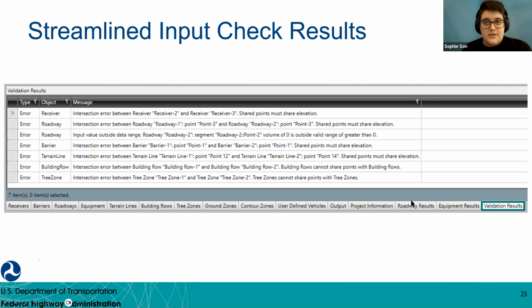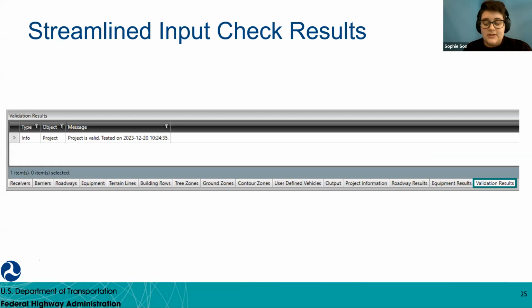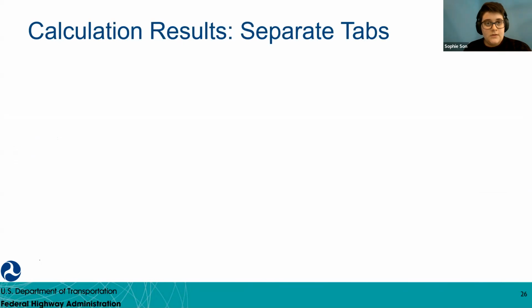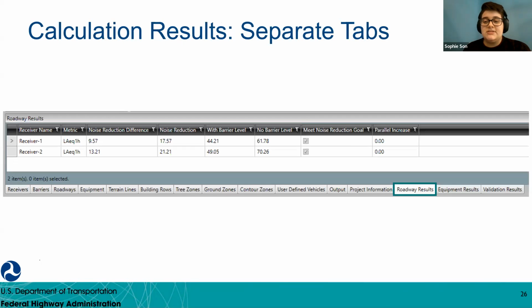Once you've resolved all of the errors, it will look like this. This is still the validation results pane with this "project is valid" message here, meaning you're good to go to conduct your calculations. Once those calculations are complete, you will see the results in either the roadway results or equipment results tabs.